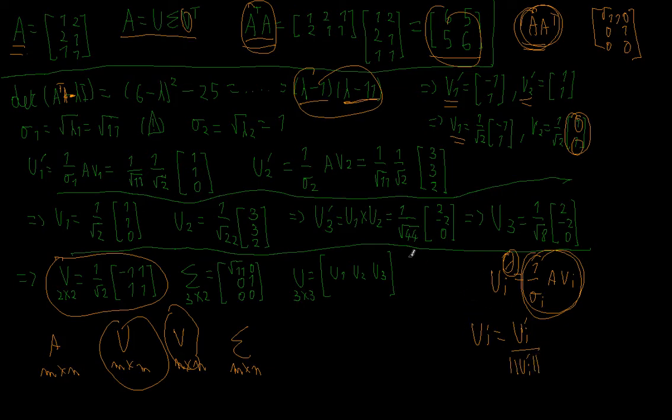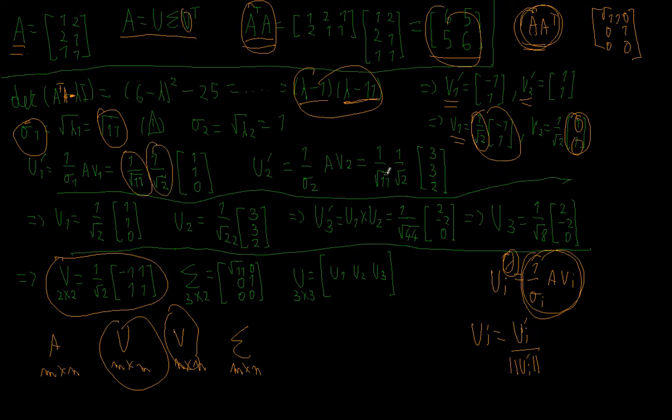So we can find u sub 1 prime, which will be 1 over sigma 1 times A times v sub 1, which will be 1 over sigma 1, that's 1 over square root of 11. Remember, sigma 1 is square root of 11. Now we have the matrix A, and we have the vector v sub 1, with the 1 over square root of 2 in front.